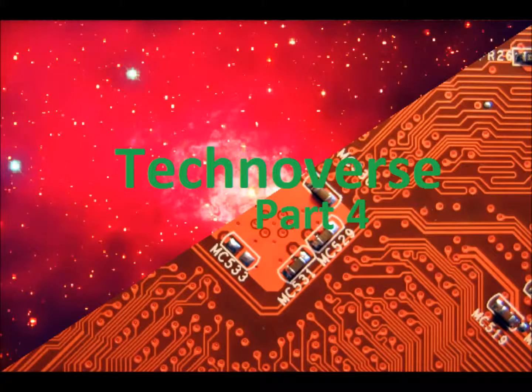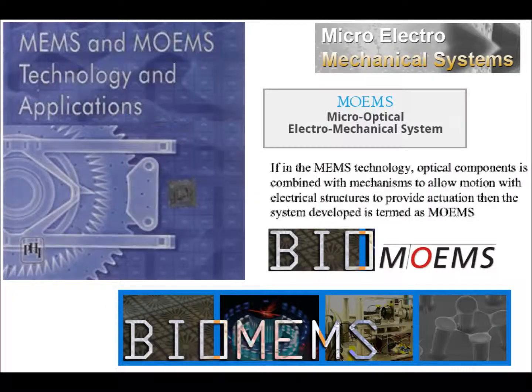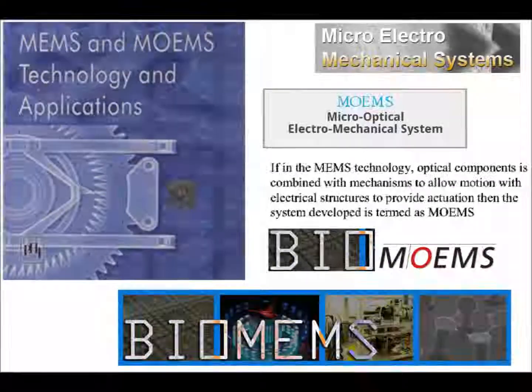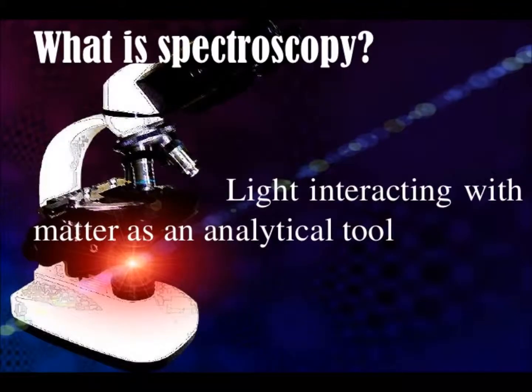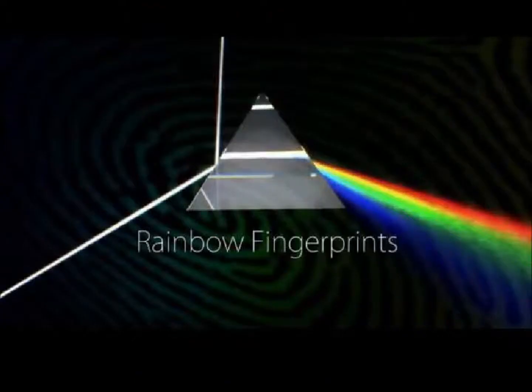spectroscope and other big words that I am not going to use, but the universe is based on spectrography. The electromagnetic spectra produced by virtually everything in the universe are the equivalent of rainbow fingerprints.